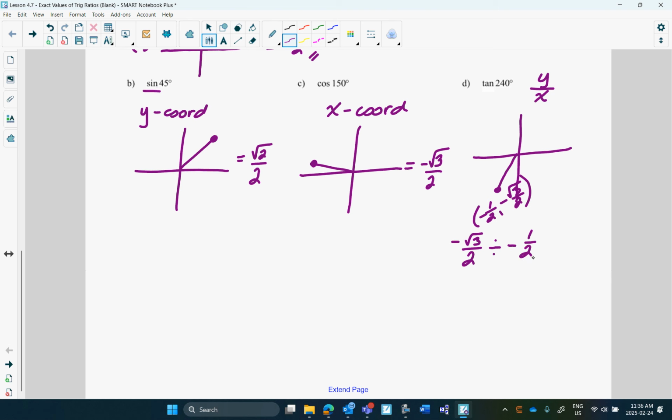Well, how do you divide fractions? Change it to multiplication. Negative root 3 over 2 times 2 over 1. I've got a times 2 up top and a divide 2, which cancel each other out to 1. So I am left with negative root 3 over 1, sorry, positive root 3 over 1, which simplifies to root 3.